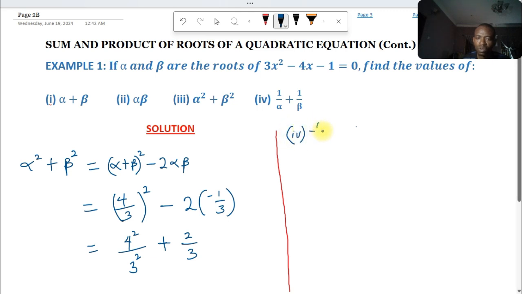That is 1/alpha plus 1/beta. All we need to do here is to take the LCM. And when we take the LCM, you see the reflection of the first and the second in this one again. So you have this as fractions. You take the LCM. The LCM is going to be alpha beta.